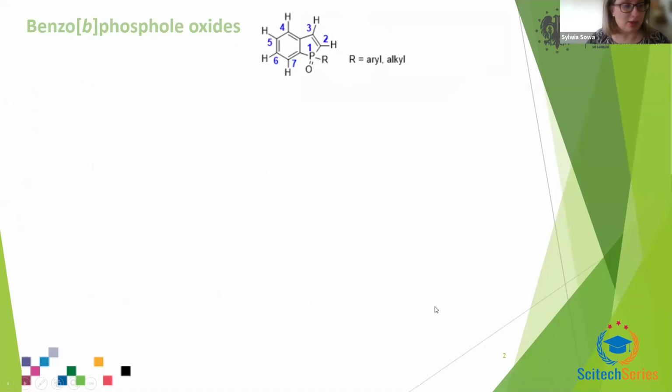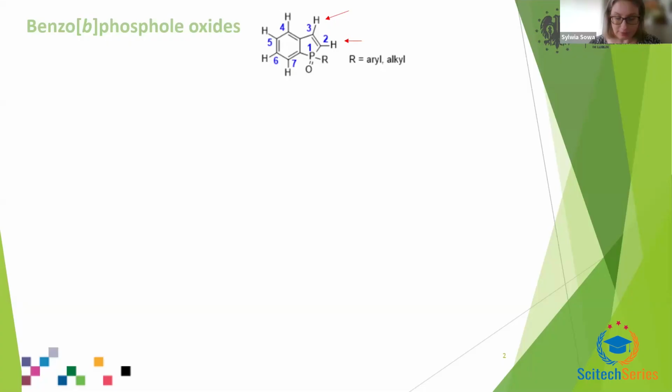Yes, please continue. Okay, the benzophospholes are non-aromatic heterocyclics with enhanced conjugation in the unsaturated bond system. It was proved that their conjugation can be tuned through substitution at the 2 and 3 positions. Therefore, the benzophosphole family can be classified according to the substitution.